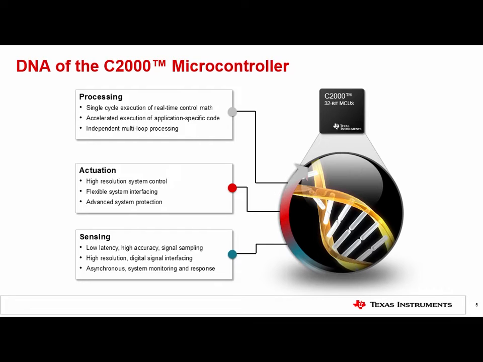The other attribute which I want to talk about is the sensing. These will be specific to analog sensing. They're high resolution, high accuracy signal sampling. There's also high resolution digital signal interface. And also, we have asynchronous system monitoring and response.